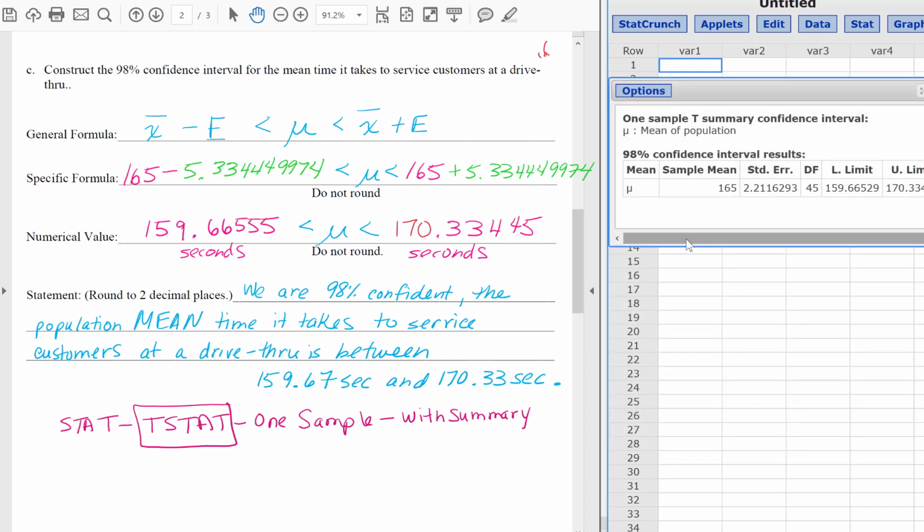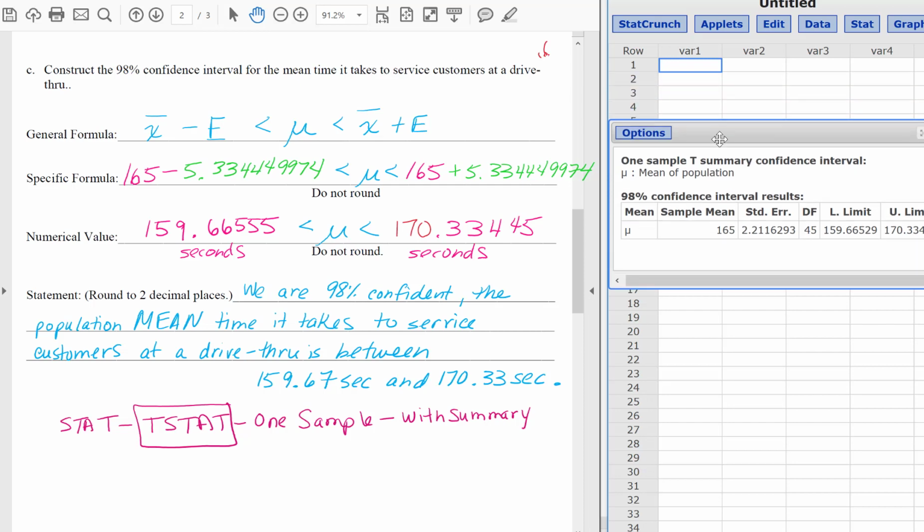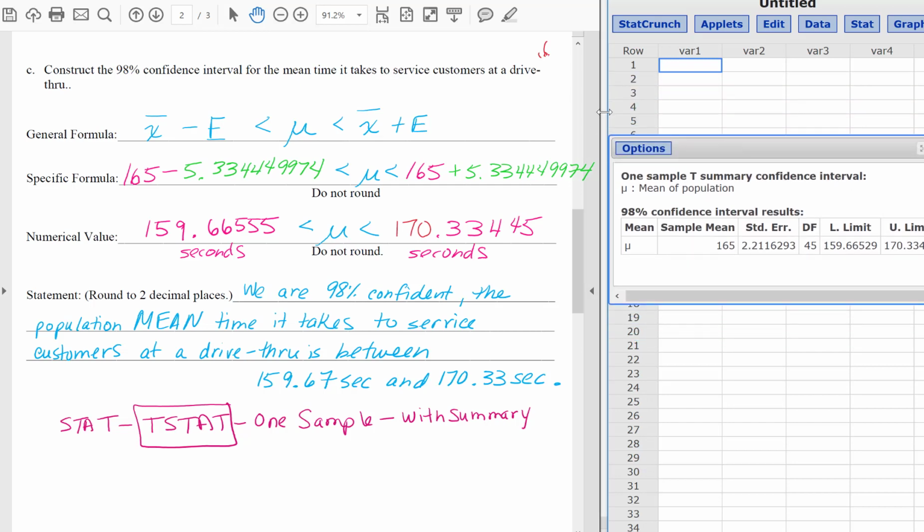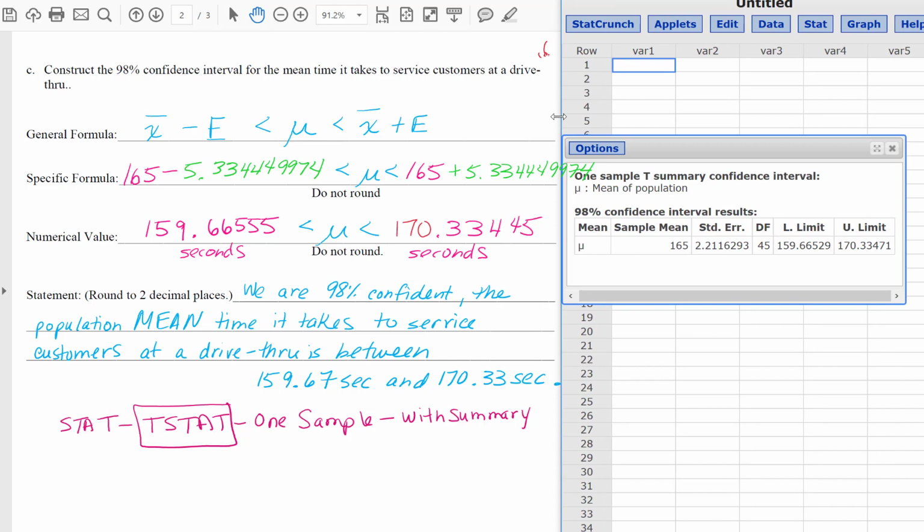After we hit compute, we can see our sample mean. We can see our degrees of freedom is 45 there. I might have to pull it over a little bit more. And we can see our lower limit and our upper limit. So let's notice our lower limit.